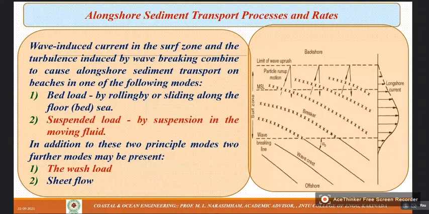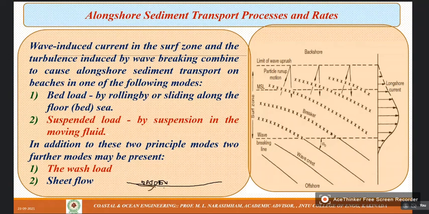Now, in addition to these two, there are two more modes of transport. One is called the wash load, and the other is sheet flow. Sheet flow means, in the case of bed load, what I showed is small lumps of material moving or rolling near the bed.